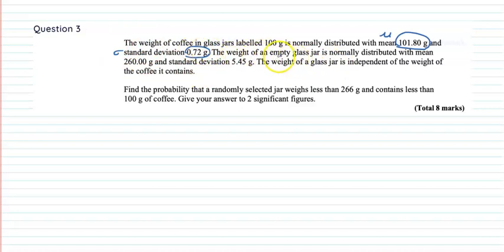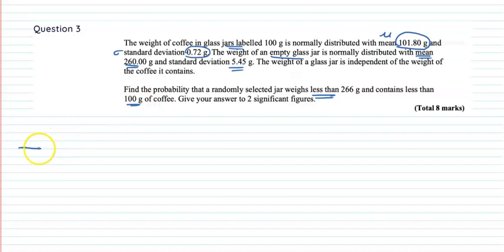And the weight of an empty glass jar, remember this is filled and this is empty, is normally distributed with another mean given as 260 gram and a standard deviation, and the weight of a glass jar is independent of the weight of the coffee it contains. So find the probability that a randomly selected jar weighs less than 266 gram and contains less than 100 gram of coffee. So it is basically a double question.